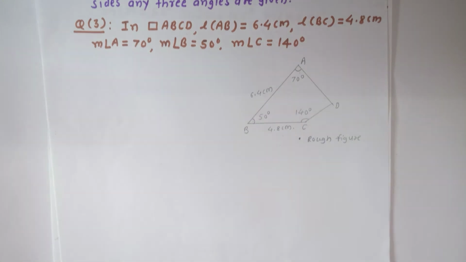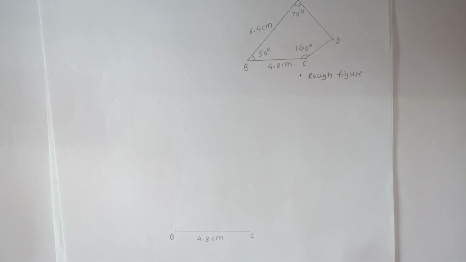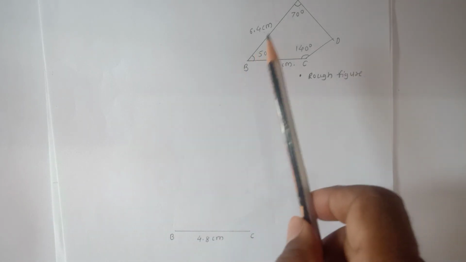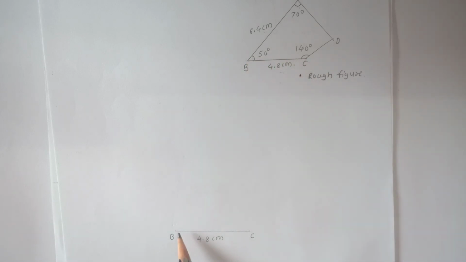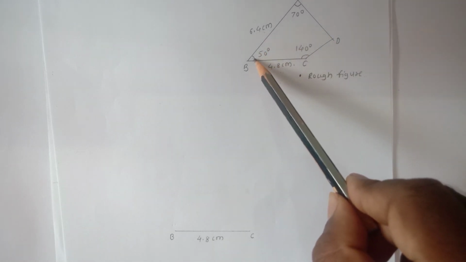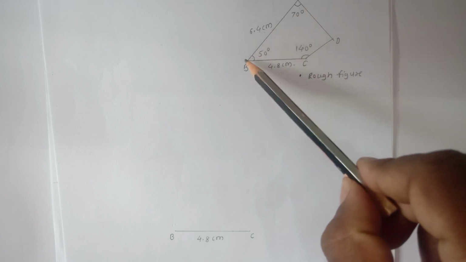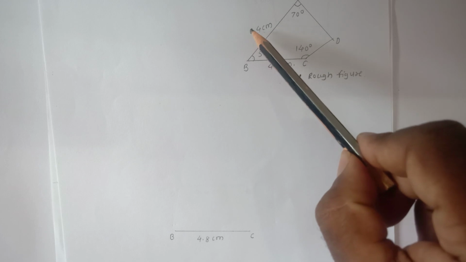Now let's construct this quadrilateral. Now at first draw BC of length 4.8 centimeter. So we have drawn segment BC of 4.8 centimeter. Now this angle B is 50 degree and distance BA is given 6.4 centimeter.